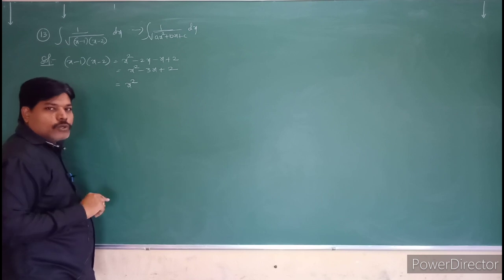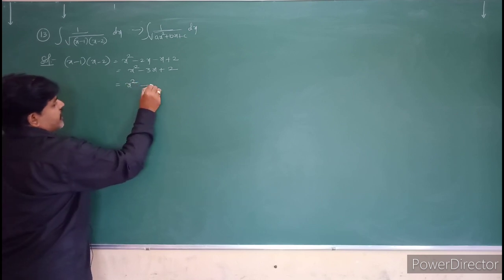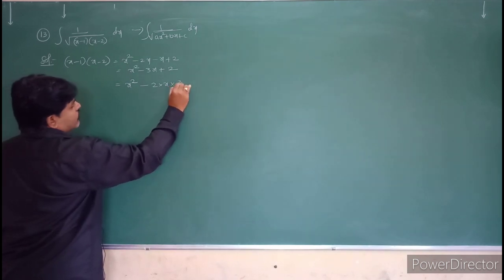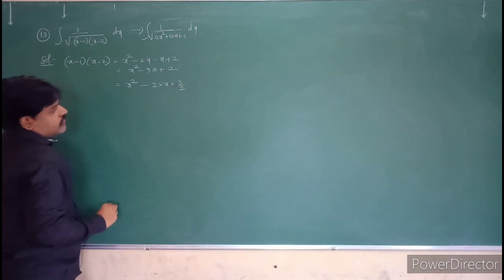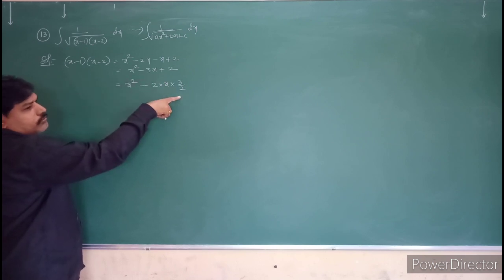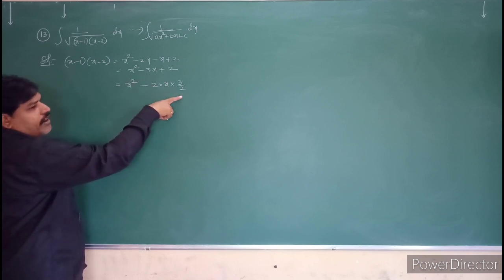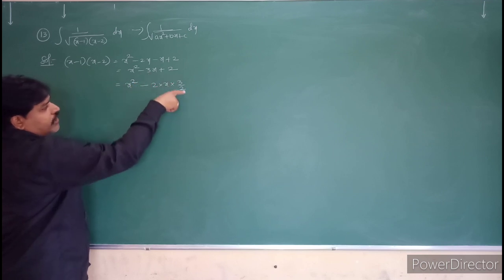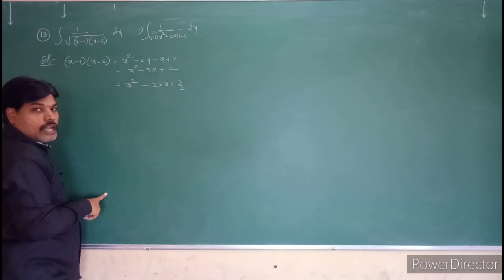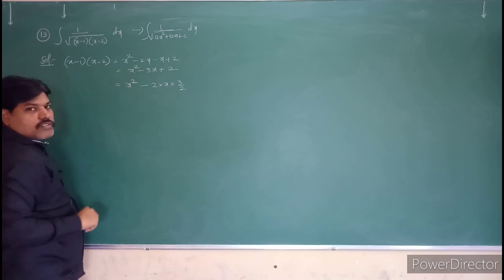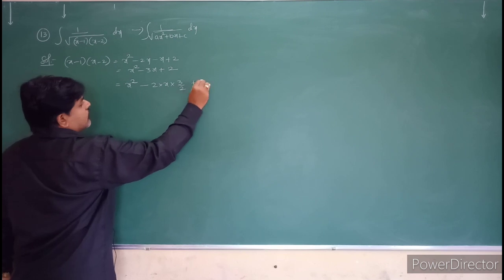Minus 2 into x into 3 by 2. So 3x will become minus 2 into x into 3 by 2. Do you understand that? The 2 will be cancelled, you will get minus 3x once again, plus 2.